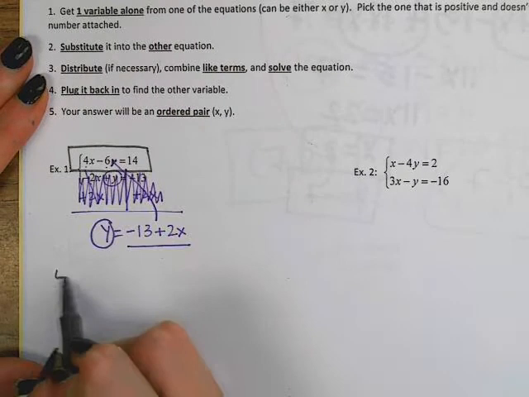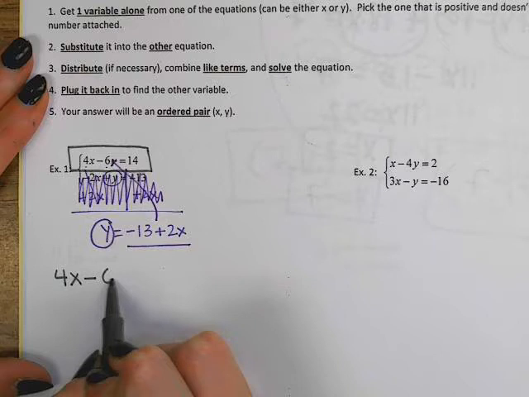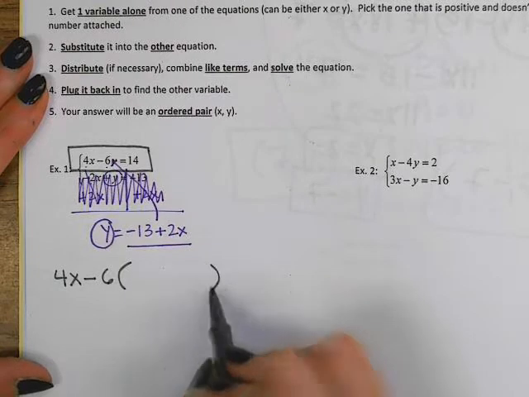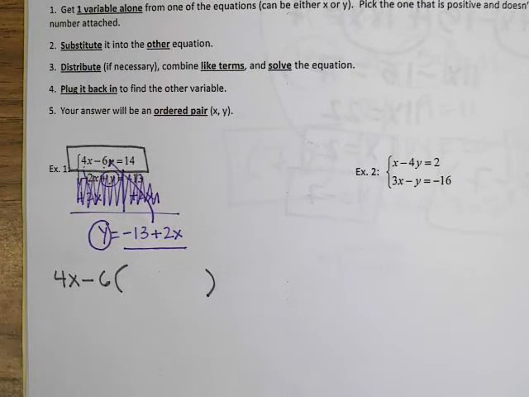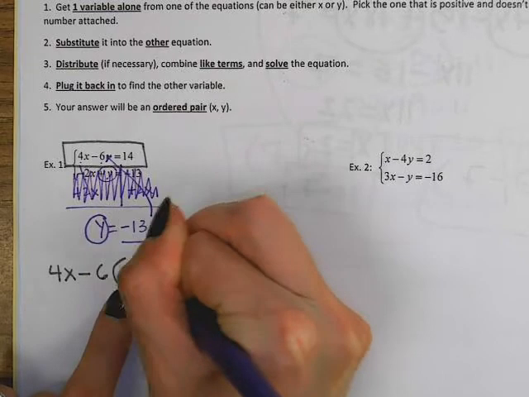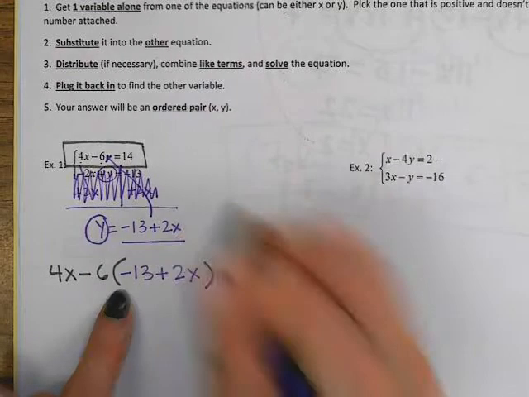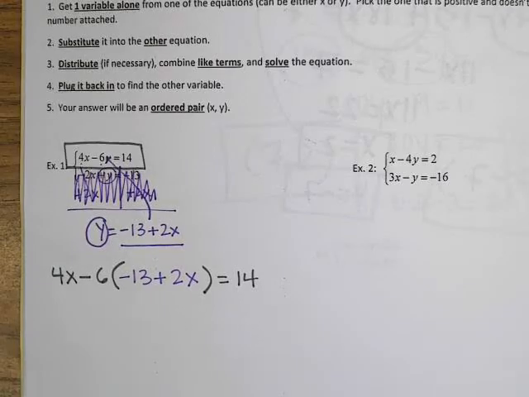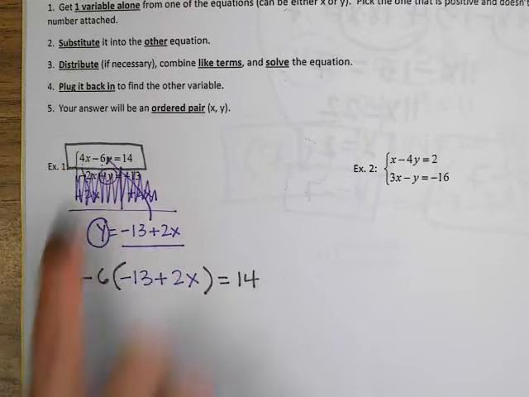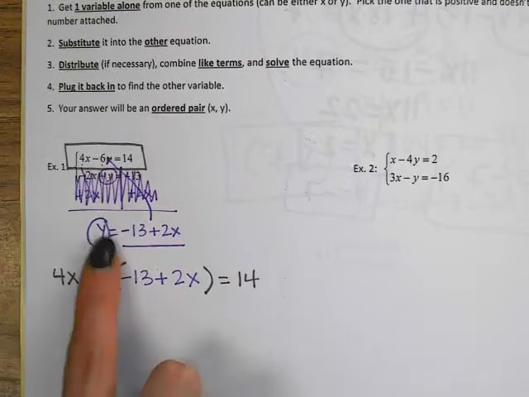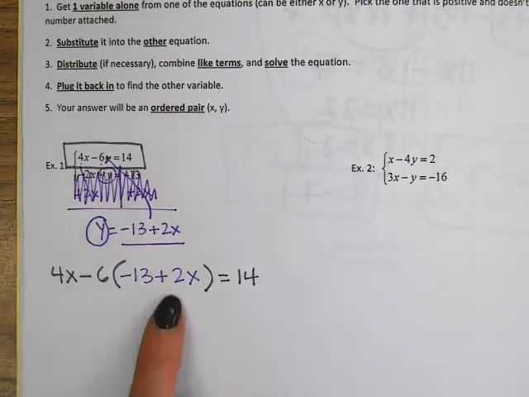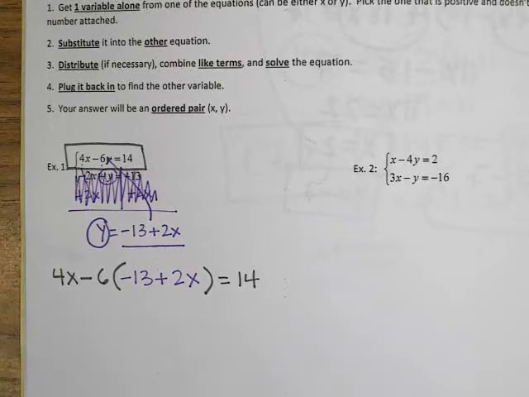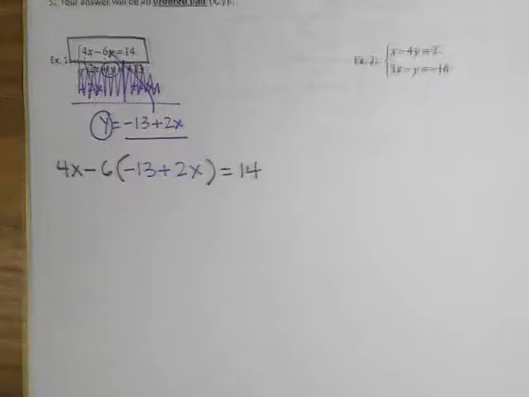I'm going to rewrite 4x minus 6 times y, but instead of writing y, I'm going to plug in negative 13 plus 2x. And then we have equals 14. So it's the same thing that we've been doing, 4x minus 6y, but in for y, we put this, equals 14. And then you guys can go and solve it.